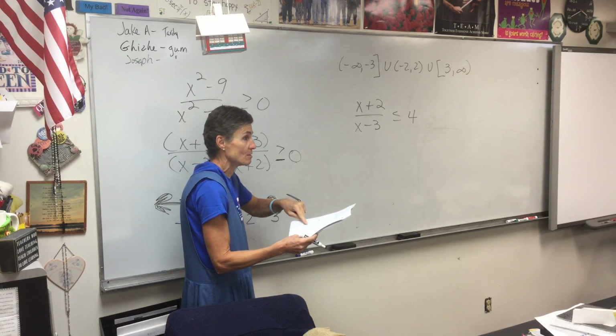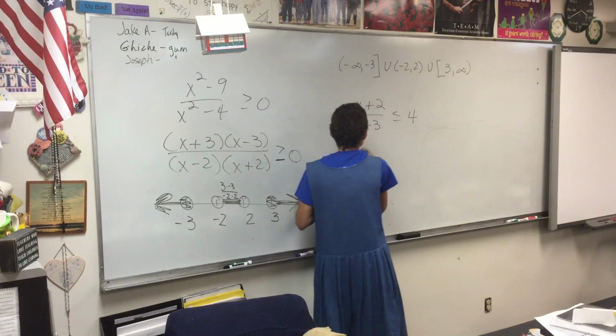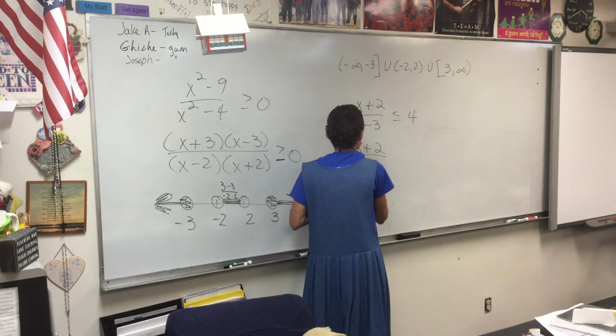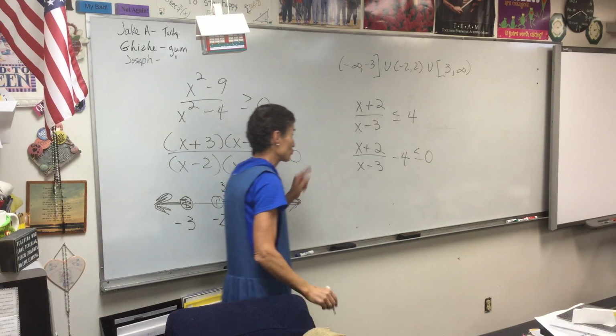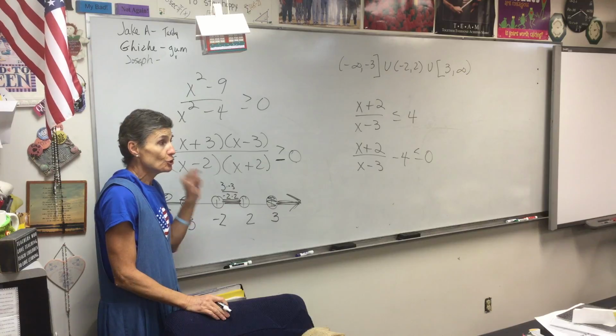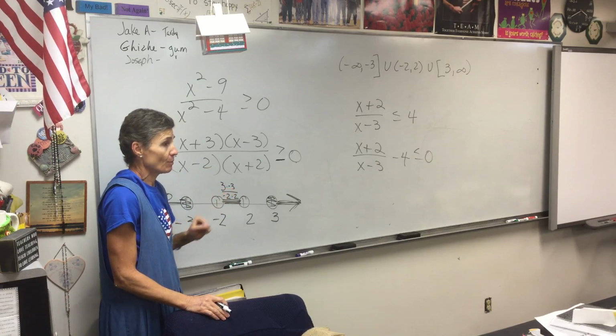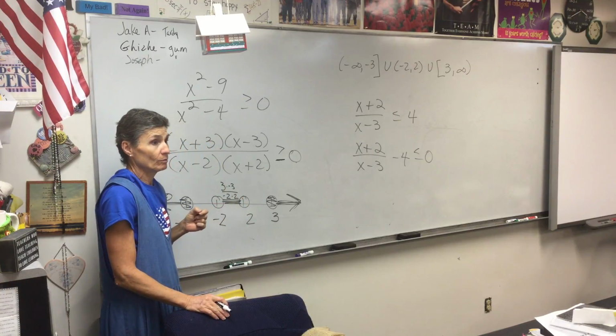They've all had 0. If it doesn't have 0, then you make it have a 0. So I'm going to subtract that 4 over to the other side. You must have 0. So you're going to rearrange to get 0.